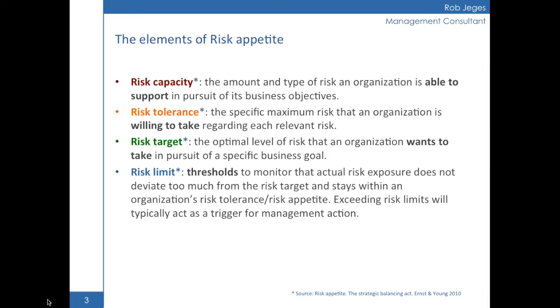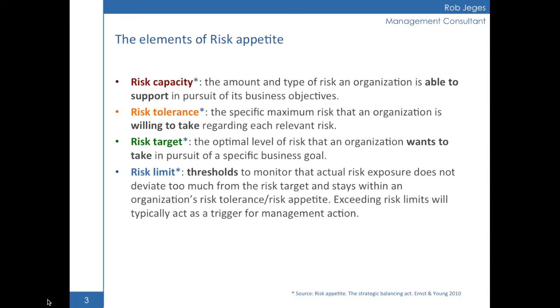So that gives us a concrete limit, and it's about the objectives, of course. Tolerance, on the other hand, is how much the organization is willing to take. So there's a difference. One sets a firm constraint, and the other one is a matter of management decisions.